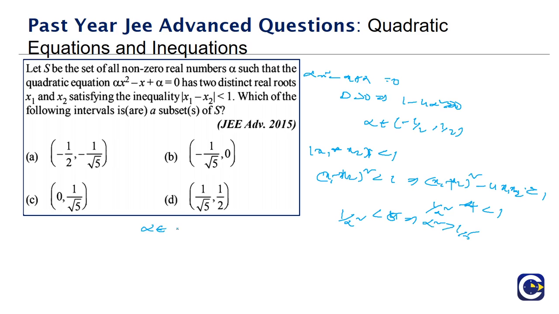So alpha belongs to minus infinity comma minus 1 by root 5 union 1 by root 5 comma infinity. If you consider this as first and this as second, and combine both and simplify, the answer for this question is option A and option D. Moving on to the next question.